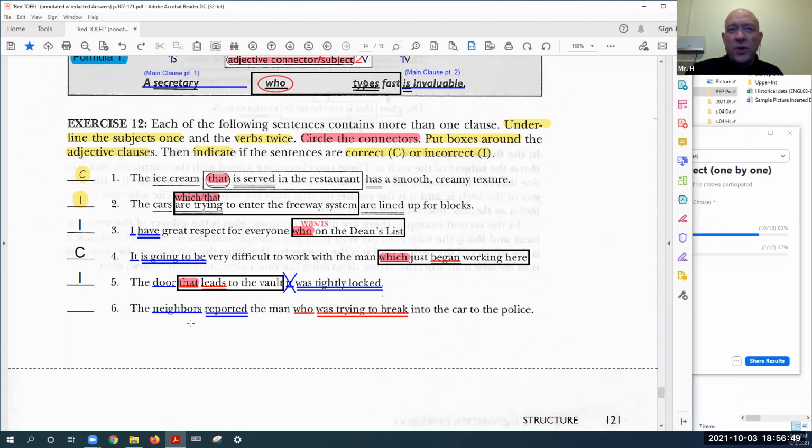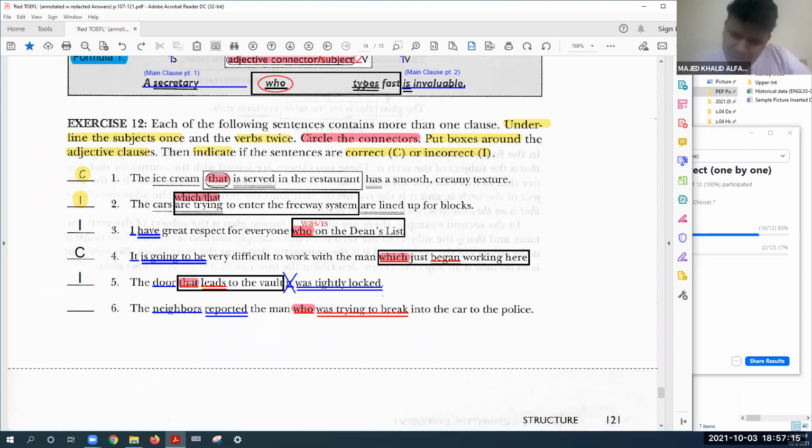You said where's the connector? Who. Oh, okay. All right. Do you think this is incorrect? Yes, I think so. Why? The man, the car and the man. You think the man? What is the man?